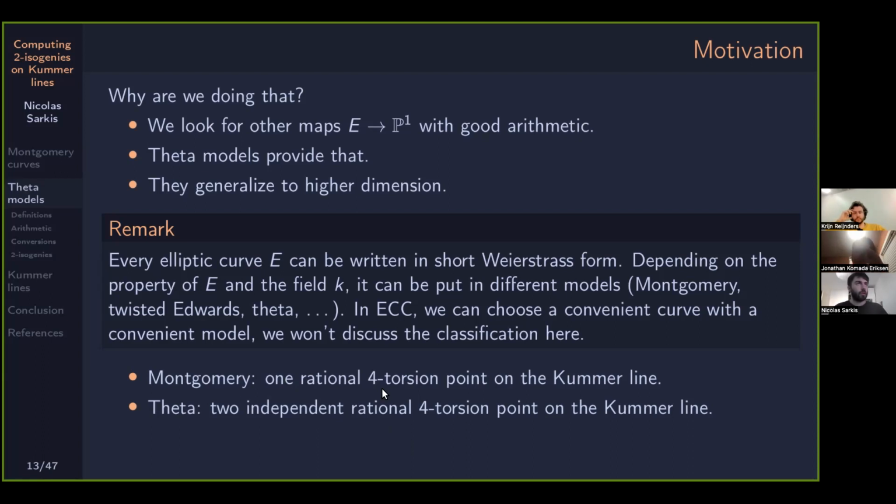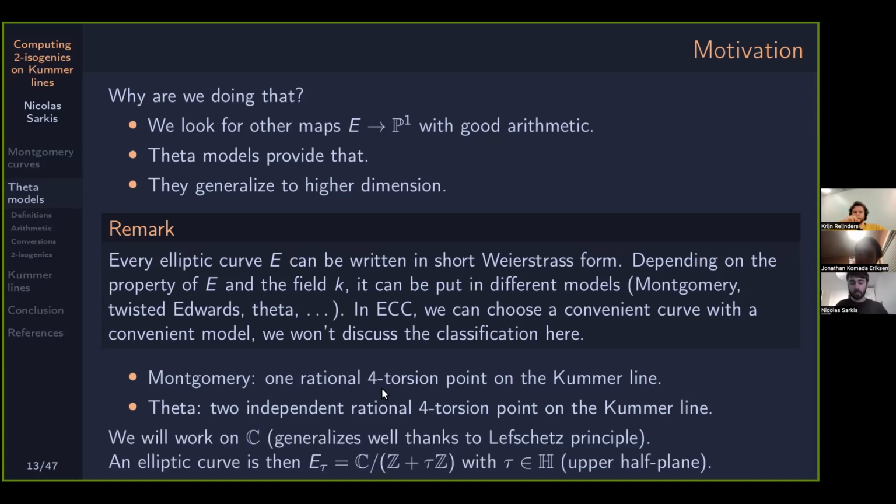And to introduce theta coordinates, I will work analytically, so over C. And this generalizes as well because we have a Lefschetz principle. And on the complex plane, an elliptic curve is a torus given by some tau in the upper half plane.